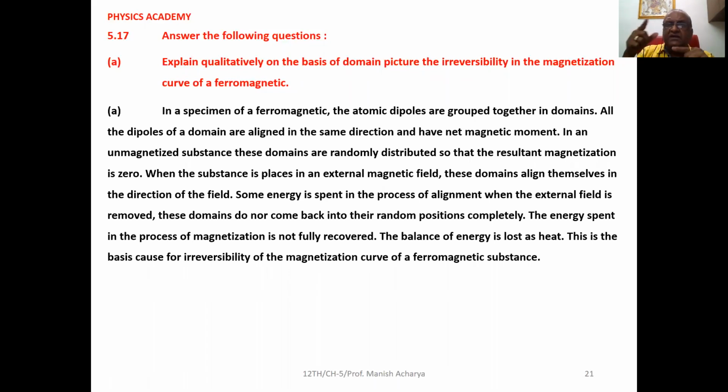But during the magnetization and demagnetization, a loss of energy in the form of heat takes place. So the energy utilized to magnetize it is not fully recovered during its demagnetization, and therefore you will not get a reversible curve.